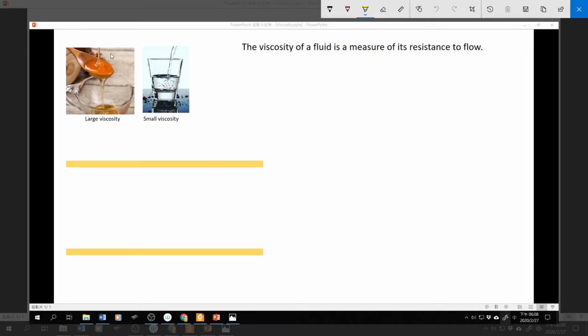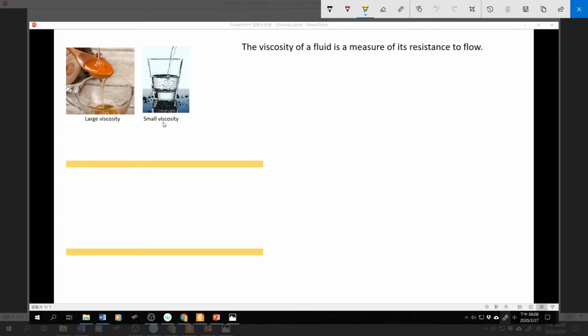In a more daily example, you can imagine that today you want to pour out some honey into your cup. Then you will find that using the same kind of gesture and the same amount of water and honey, the flow of the honey is much slower than the water.